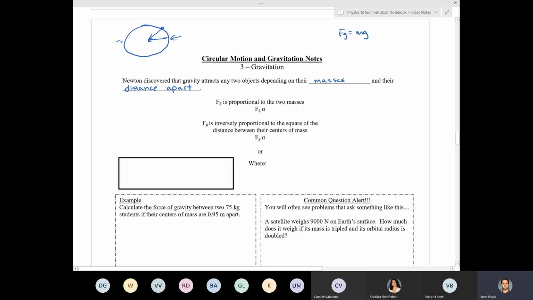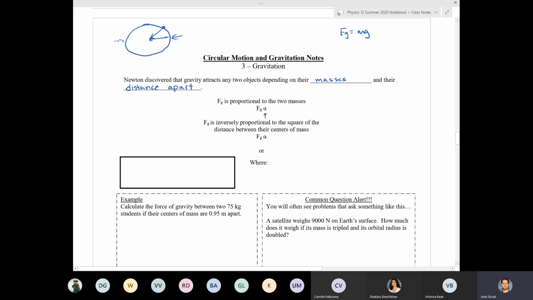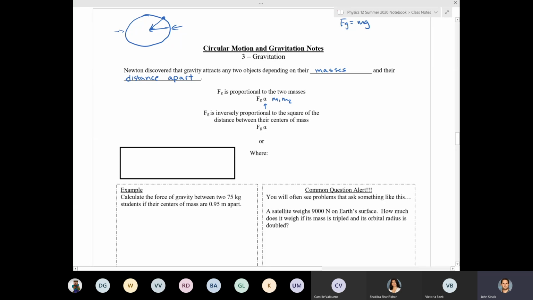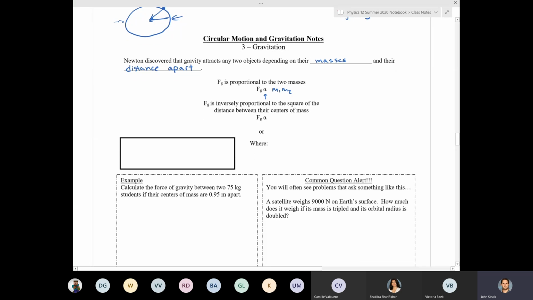So Fg is proportional to the two masses. This alpha symbol here means proportional. So if one mass goes up, Fg is going to go up, or if both masses go up, then Fg will go up. So it's directly proportional to m1 times m2, the product of their masses. And it's inversely proportional to the square of the distance between their centers.